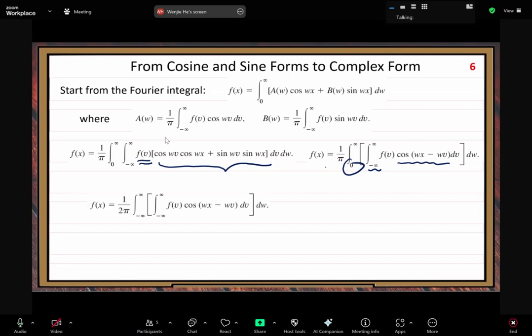To get the negative half, remember, think about cosine.